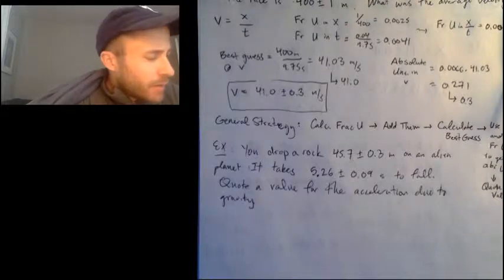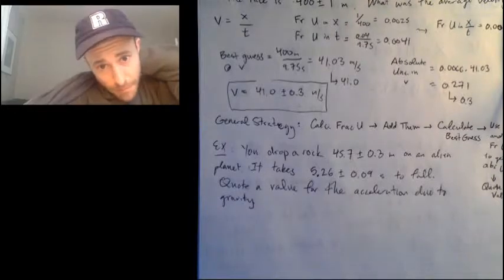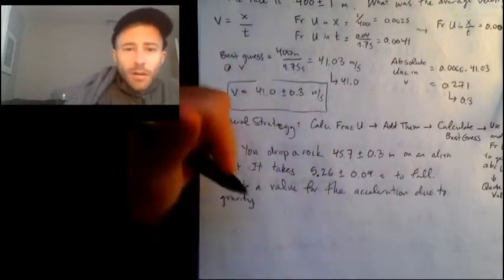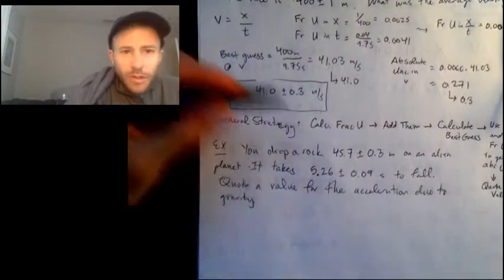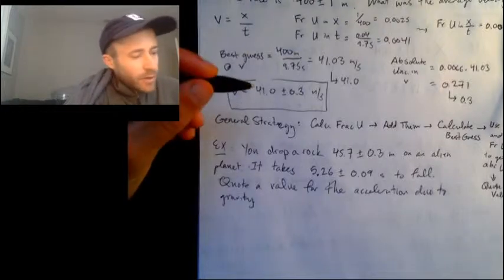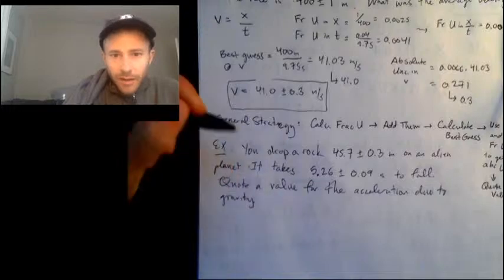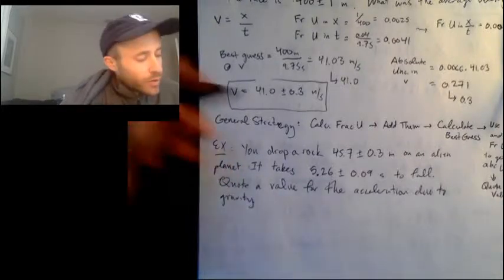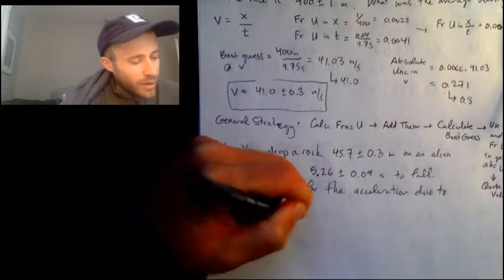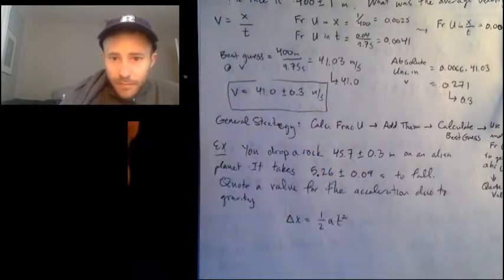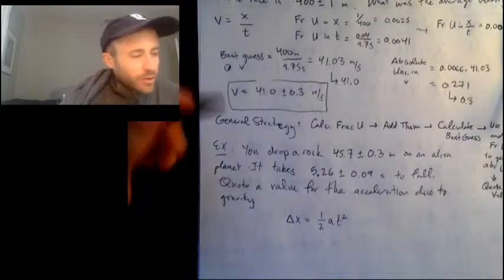So what we need to do here is figure out the equation. And this comes from kinematics. If I was asking you to find the acceleration due to gravity, you would use kinematics. You would say, oh, well, delta x equals 1/2 a t squared.